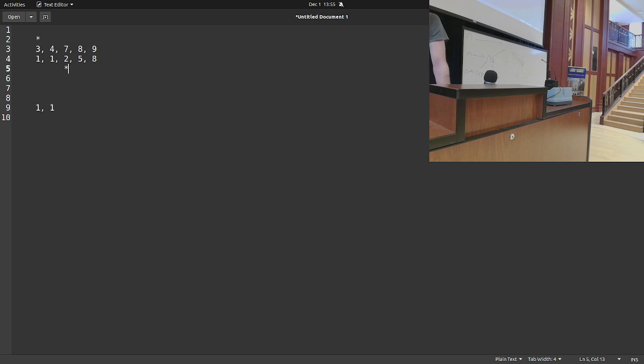What's smaller, 2 or 3? 2. Great. What's smaller, 3 or 5? 3. What's smaller, 4 or 5? 4. What's smaller, 7 or 5? 5.